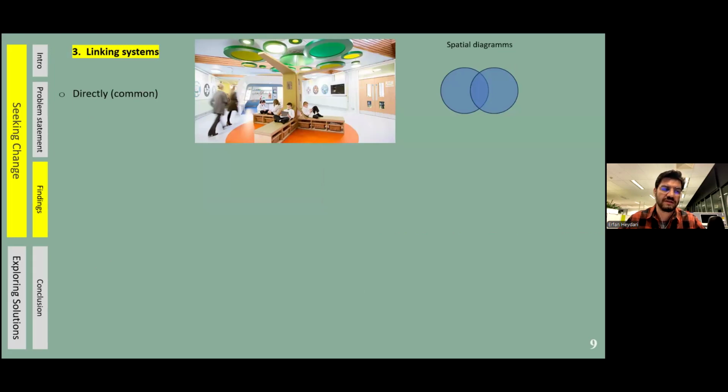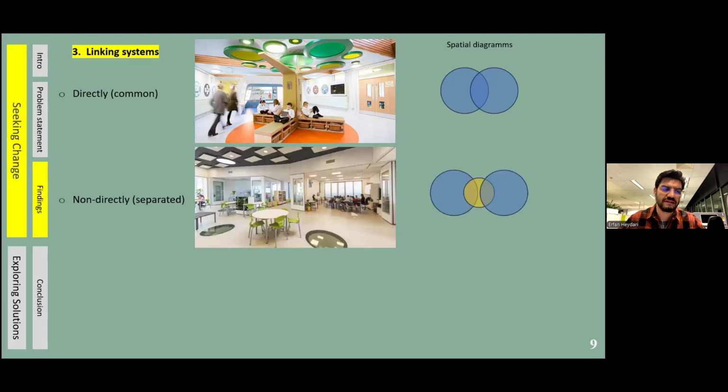In our research, we have identified 3 distinct linking systems, as illustrated by diagrams. The direct linking system involves a common connection between space and access system, resulting in a seamless blend between the 2.